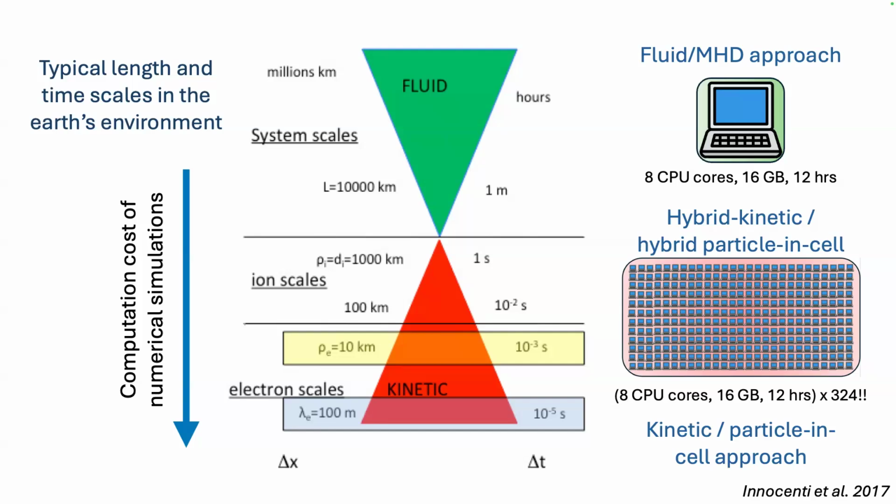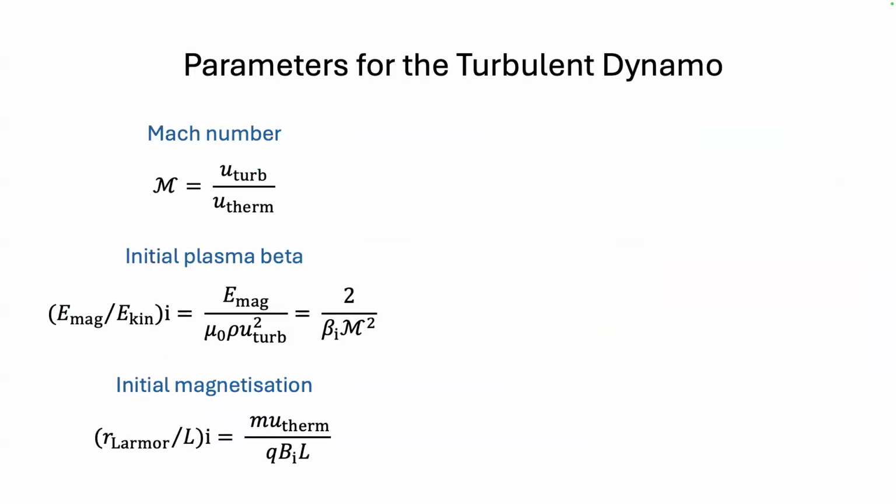So yep. Okay. Finally, coming to the turbulent dynamo and the turbulent dynamo in weakly-collisional systems. There are a lot of parameters for this problem. The first one is the Mach number. Properties like how fast the magnetic field grows and where the magnetic field saturates can depend on the Mach number.